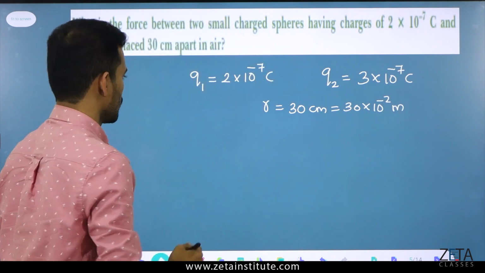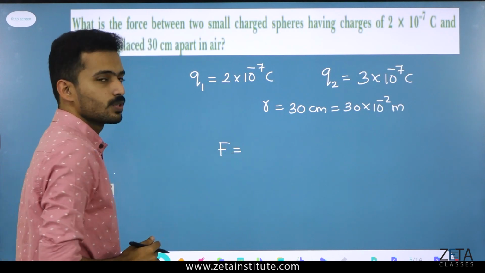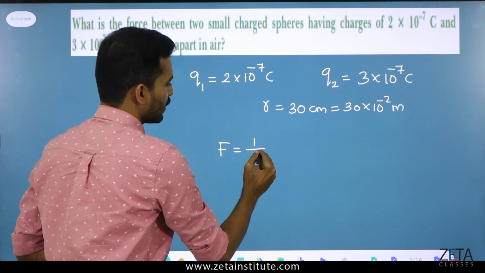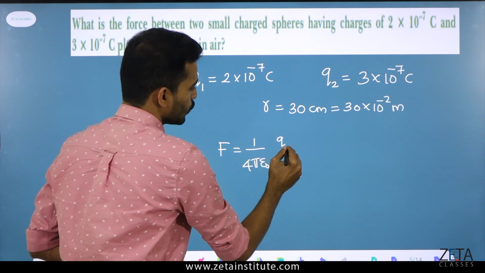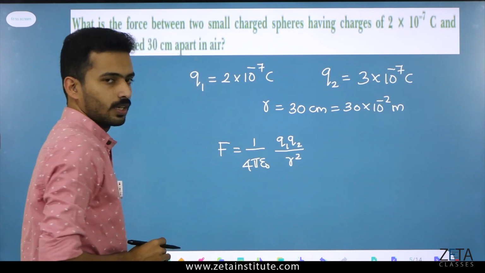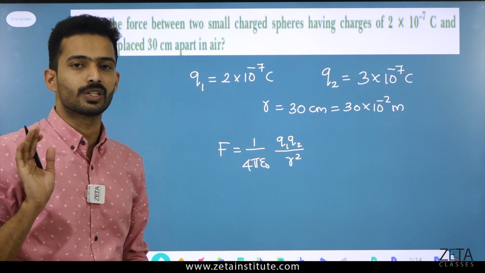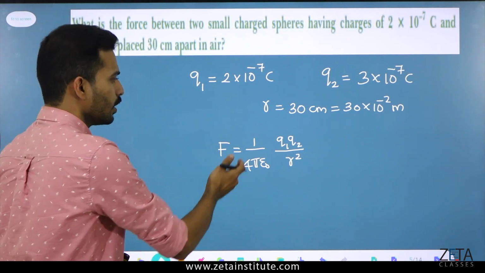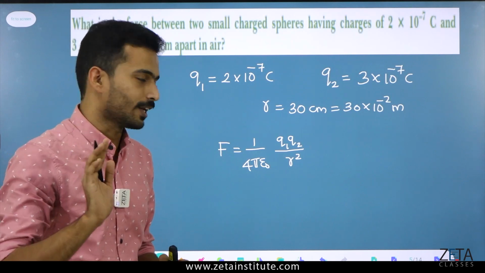So, what is the force? It is placed in air. So F is equal to 1 by 4 pi epsilon 0 Q1 Q2 divided by R square. We know the value of 1 by 4 pi epsilon 0, that is 9 into 10 raised to 9.